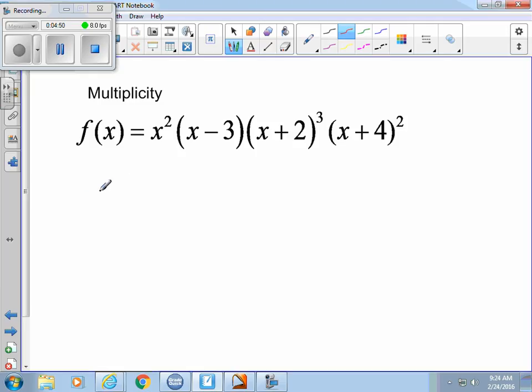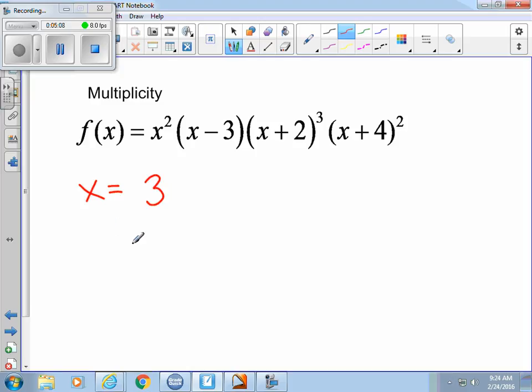So a zero, what are the zeros of this polynomial, and can you find them without graphing? Positive 3.